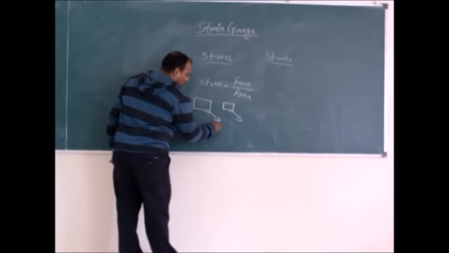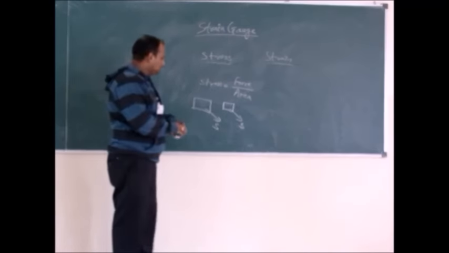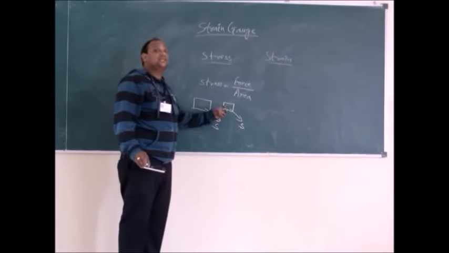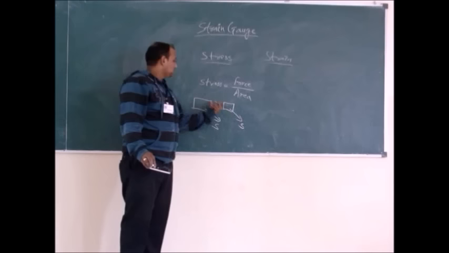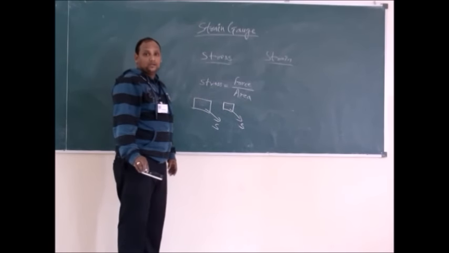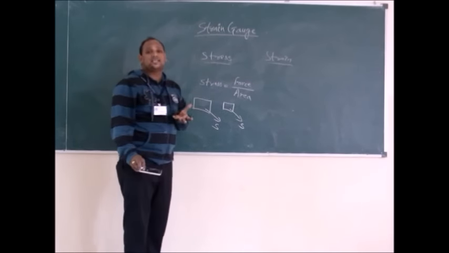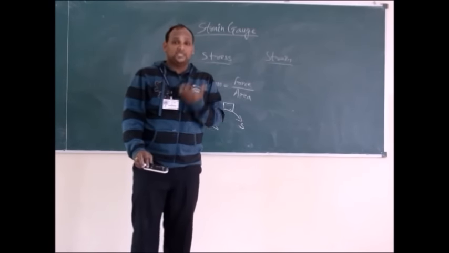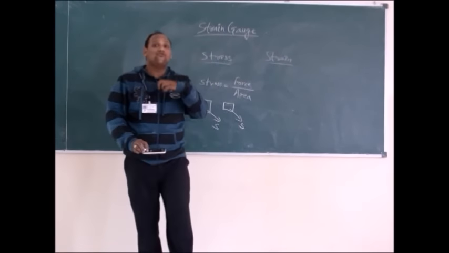So the stress developed here is less than the stress developed here. Where the area is less and the same amount of force is applied, so much more stress is developed. And that's why stress can be defined as a measurement of the internal pressure developed when the force is applied.